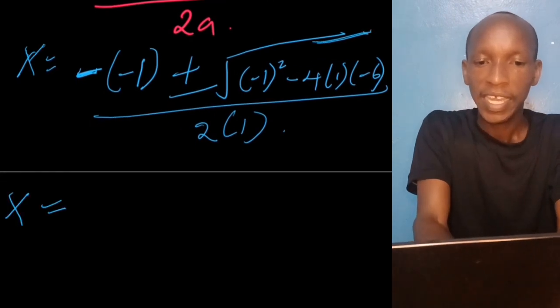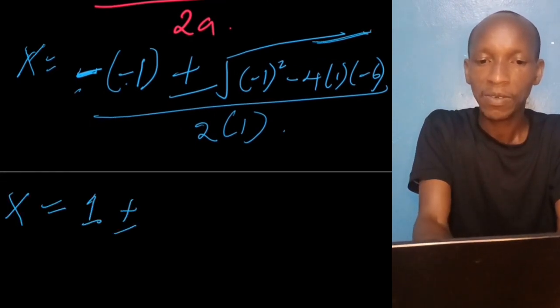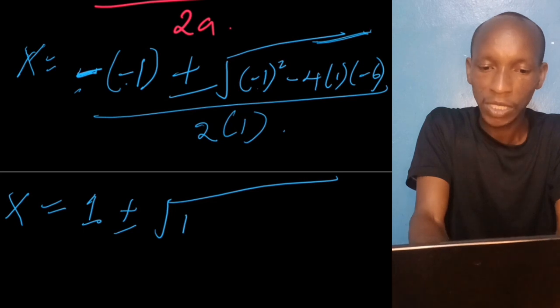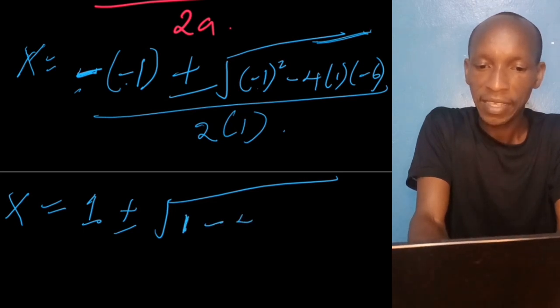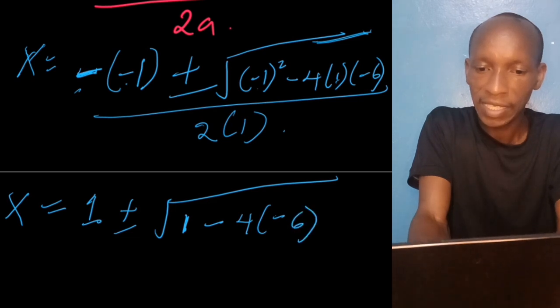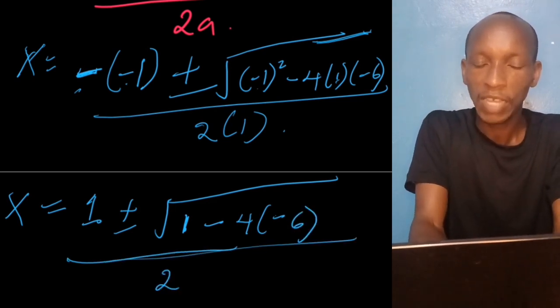X is going to be negative of -1, which is now +1, and then plus or minus the square root of -1 squared, which is -1 times -1, which is +1, and then minus 4 times 1 times -6, and then divide this by 2 times 1, which is 2.